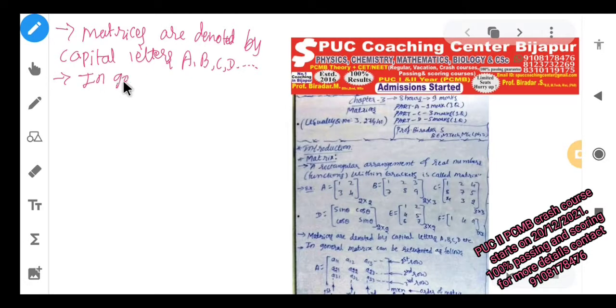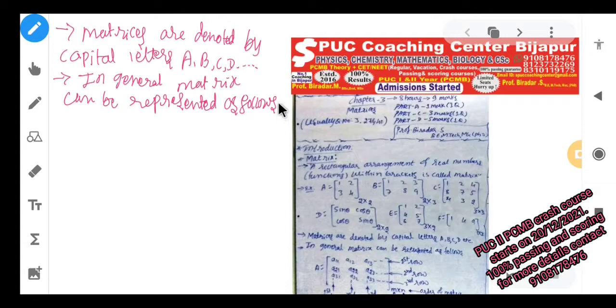In general, a matrix can be represented as follows. Let us see how we are going to represent it. As I stated, we always use capital letters for the naming of any matrix. Let us consider a simple matrix, the A matrix.